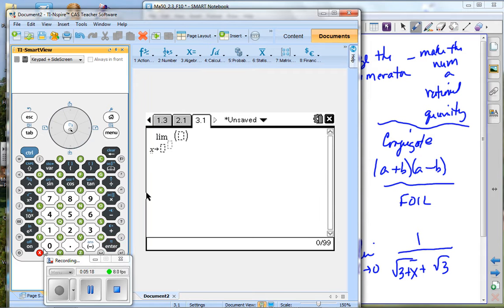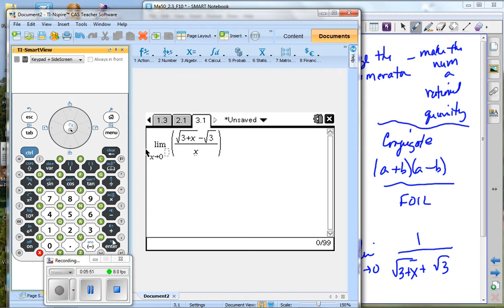And I have as x approaches 0, and I have a fraction, and I've got to get the square root of 3 plus x. Make sure I move outside of that square root sign, minus the square root of 3 divided by x.